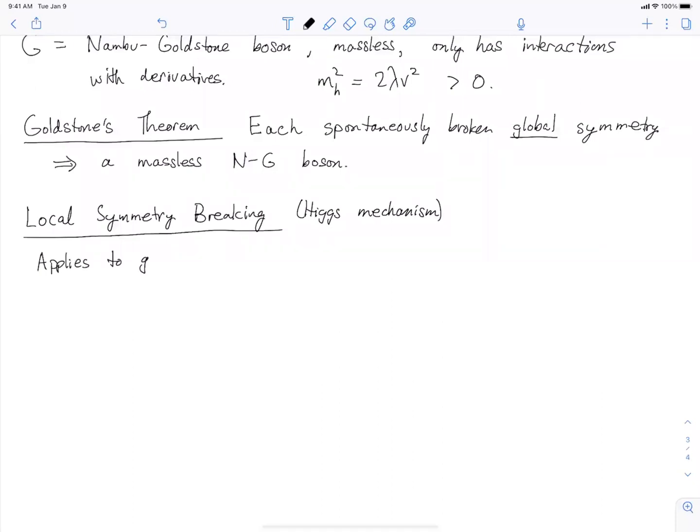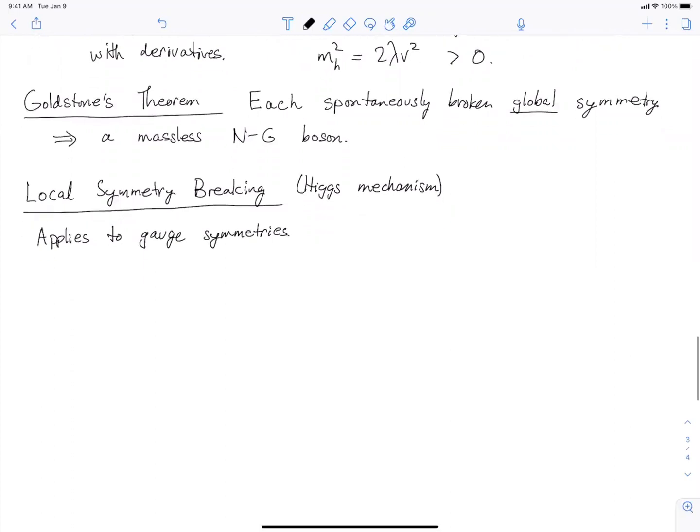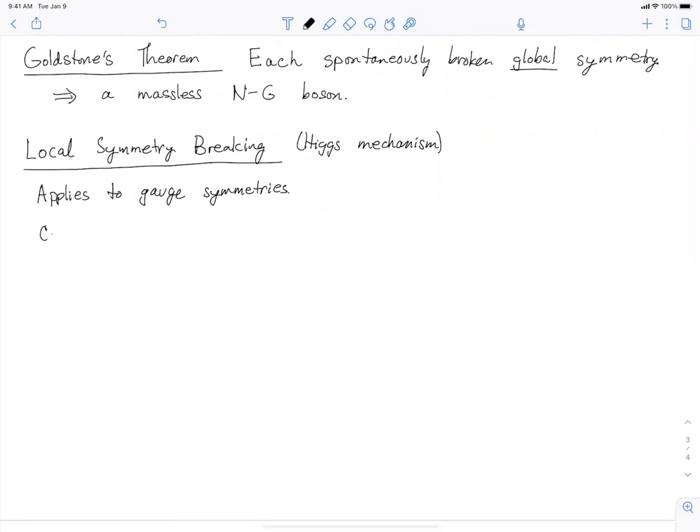And so that's what's going to actually happen in the standard model. But we're not going to do the most general case today. We're going to just again consider a U(1) gauge symmetry. Many of the things I'm about to say will also apply to non-abelian. We'll see how that works in the next lecture.